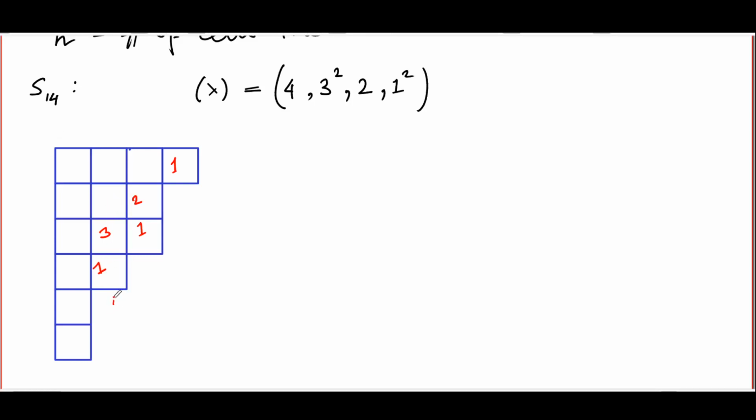Then this cell, you go all the way up and right, going through 4 cells. So this is a hook length of 4. The one on top here actually is a hook length of 1, 2, 3, 4, 5, 6. So this is the hook. The hook length is 6.